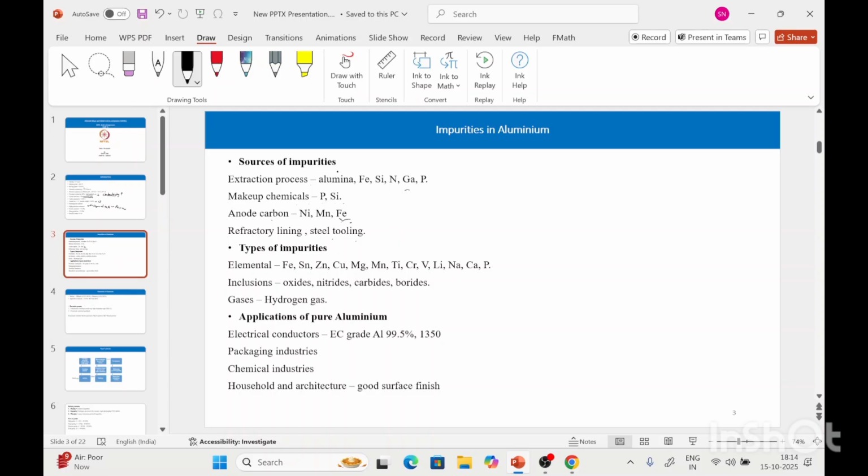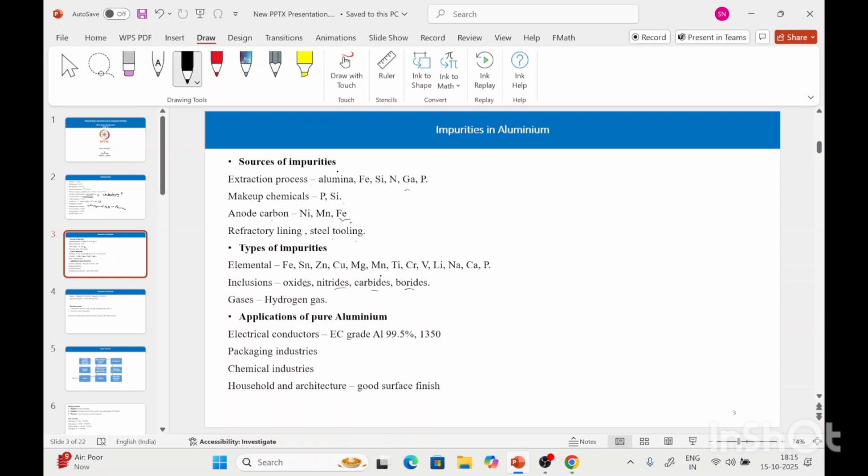There are three types of impurities in aluminium. First is the element in elemental form. Second is inclusions. Inclusions are compounds of metallic and non-metallic elements, generally the oxides, nitrides, carbides, and borides present in the aluminium. Then gases such as hydrogen.